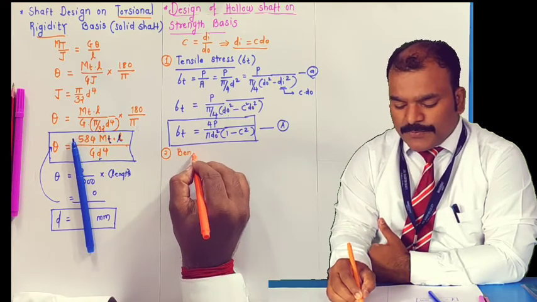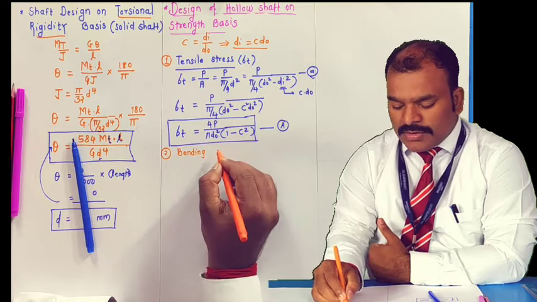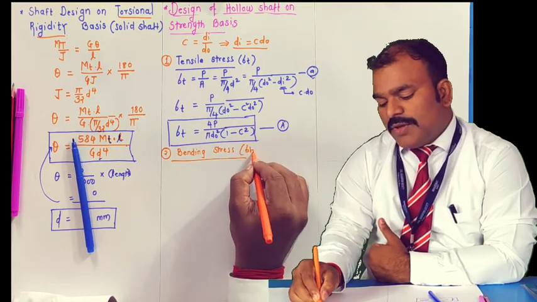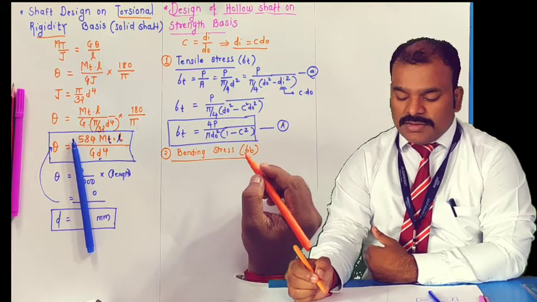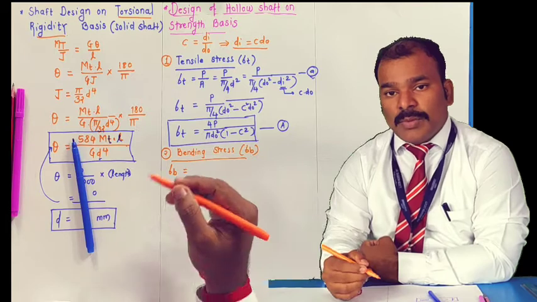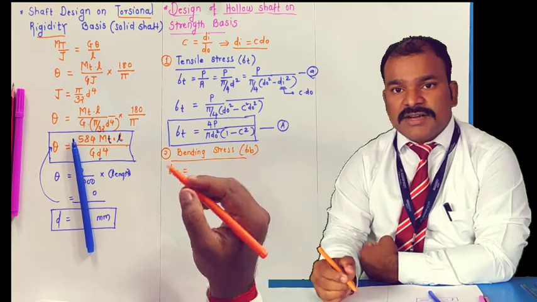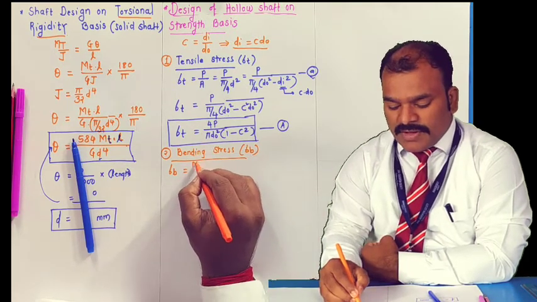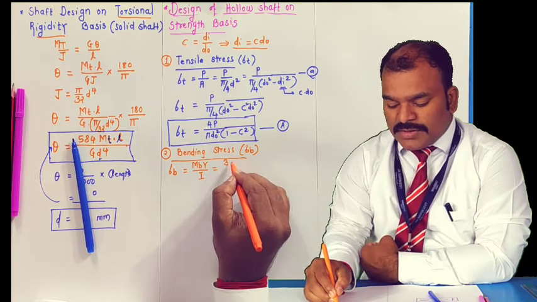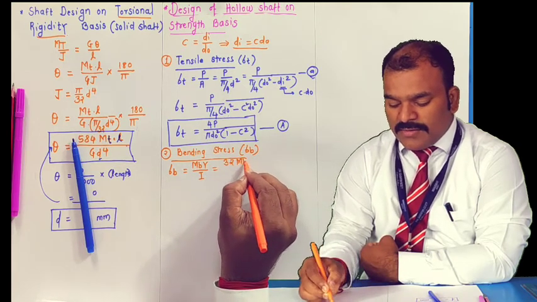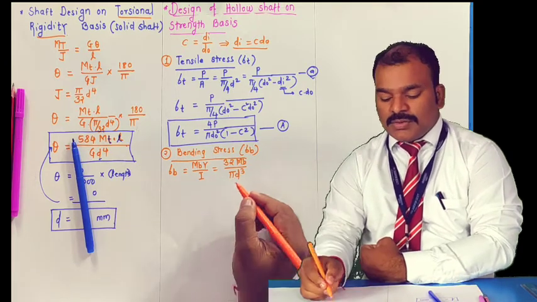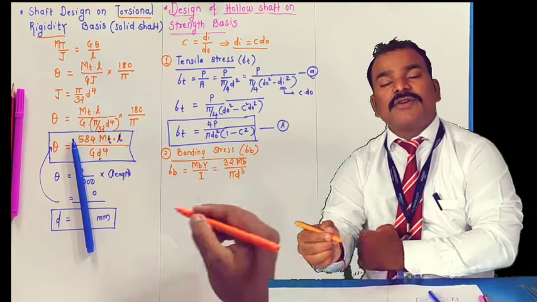For bending stress we consider sigma B. We have calculated sigma b equal to Mb y by I, through which we developed 32 Mb by pi d cube. Now we need to write this equation in terms of the hollow shaft.